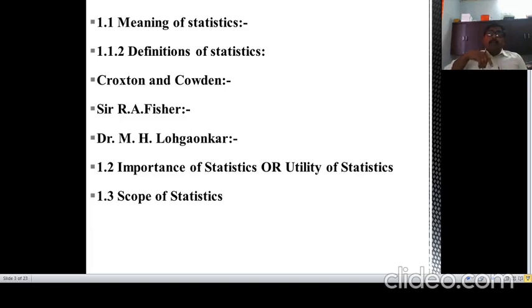As a plural noun, it refers to numerical data or quantitative data relating to finished data. We often say the statistics of production in agriculture in Maharashtra so and so. Such a statement gives certain quantitative data about agriculture production in Maharashtra.